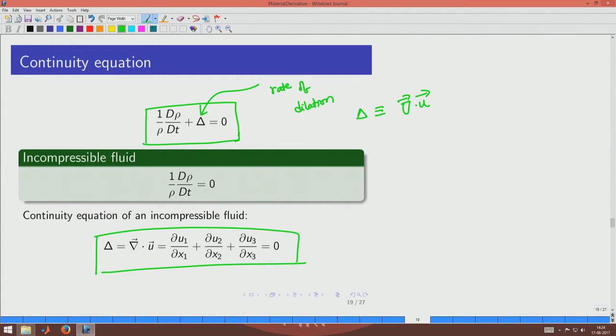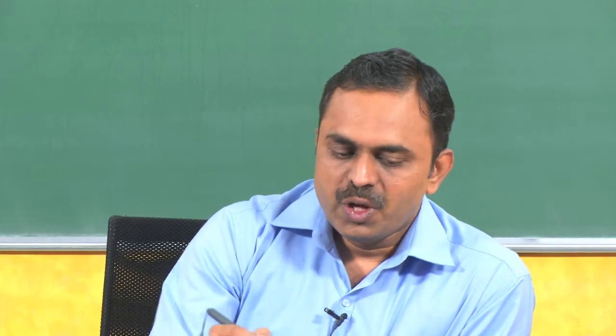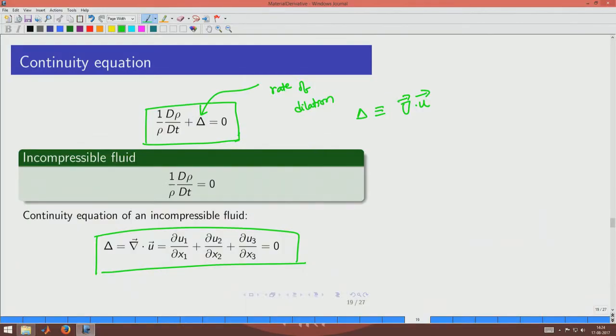You now see that once the continuity equation is written like this in its general form, you can also start seeing how you can define the fluid itself in a different manner. We now define an incompressible fluid by saying that if the material derivative of density does not change as the material flows, then it must be an incompressible fluid. If you wish, you could say that this is a definition of an incompressible fluid, which means that for an incompressible fluid the continuity equation will turn out to be just that the rate of dilation is 0.